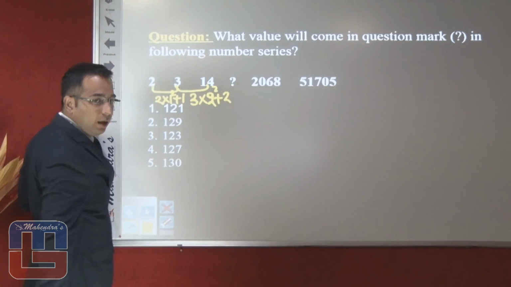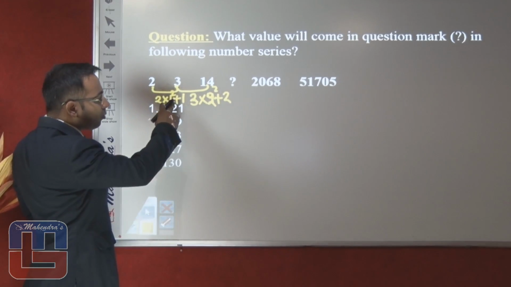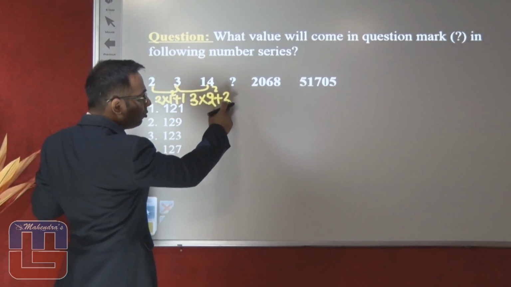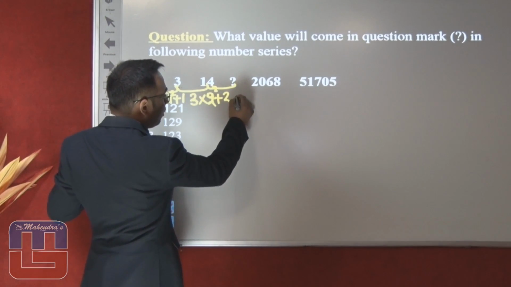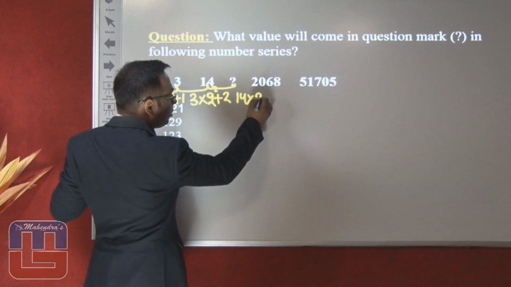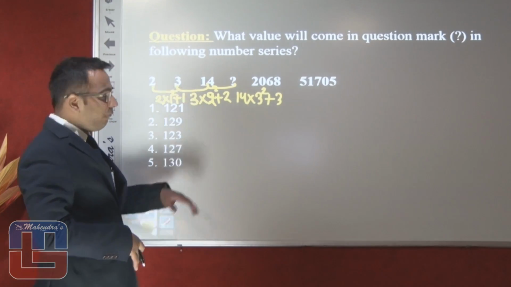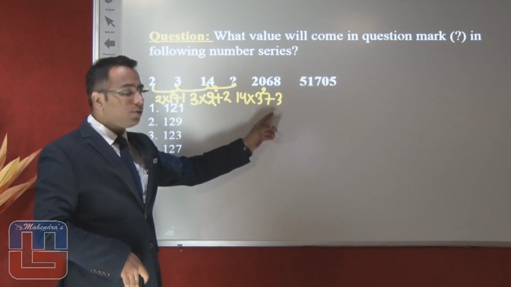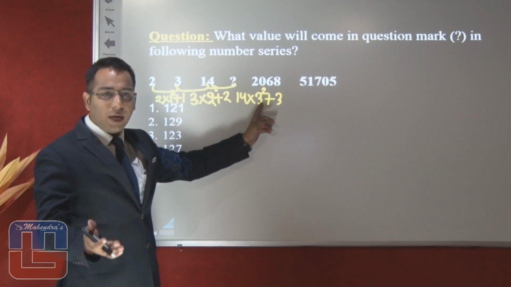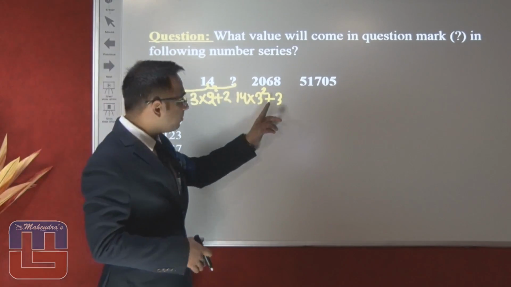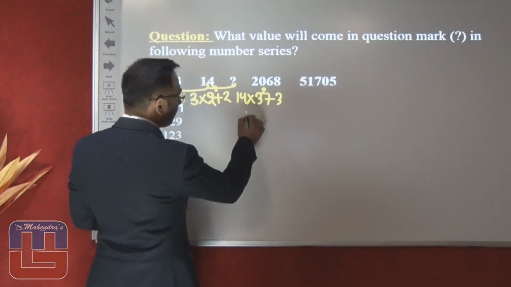So what is going on in the series is 1 square plus 1, here 2 square plus 2. So the next number should be 14 into 3 square plus 3. 14 into 3 square plus 3 means 14 into 9. 14 into 9 is 126. 126 plus 3 is 129.